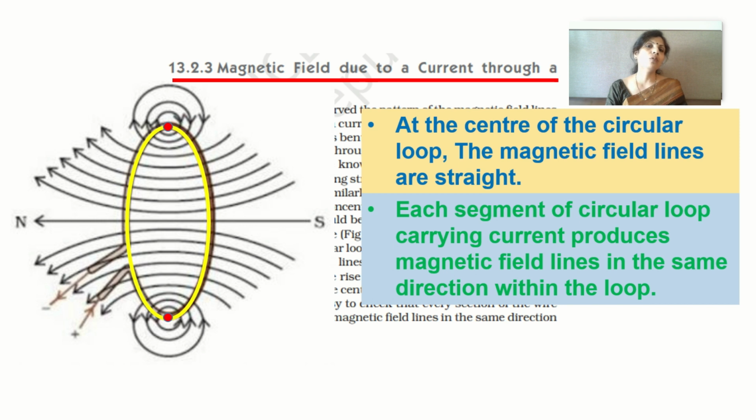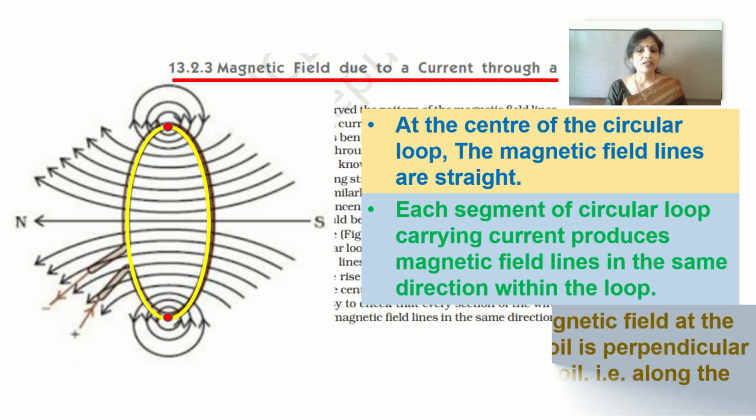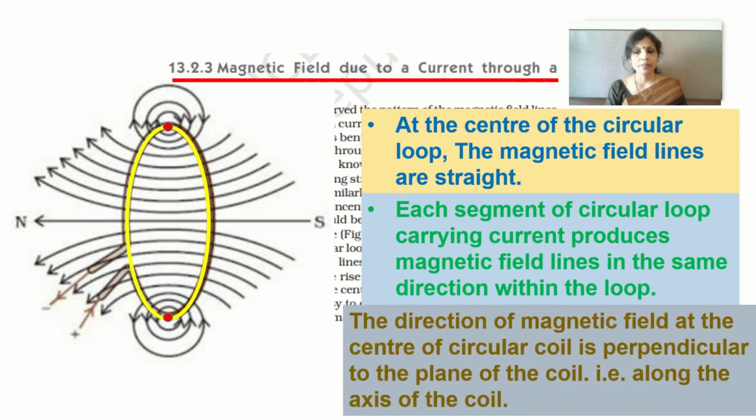So on the loop, I take any point, it will produce the magnetic field in such a manner that it is in the same direction inside the loop. Alright, and then the direction of the magnetic field at the center of the circular coil is always perpendicular to the plane of the coil, that is along the axis of the coil.